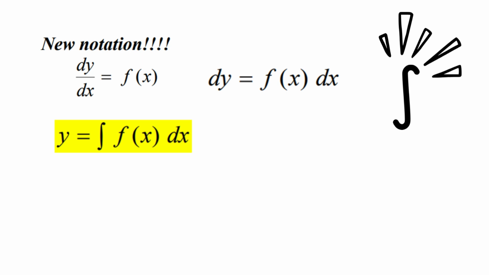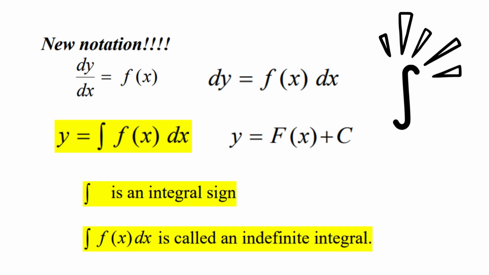Well, the integral of little f of x dx is equal to the function that we want, which would be capital F of x plus some constant c. So in other words, this is an integral sign, this symbol, and the integral of little f of x dx is called an indefinite integral. So the indefinite integral is a family of functions, and that's why we have the plus c after.